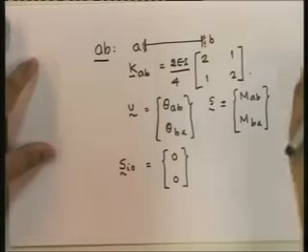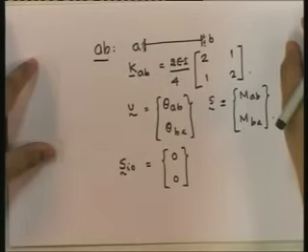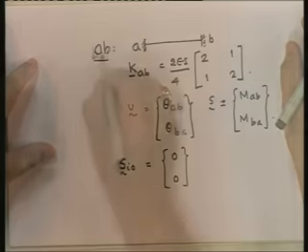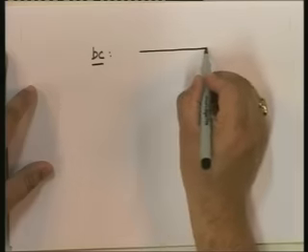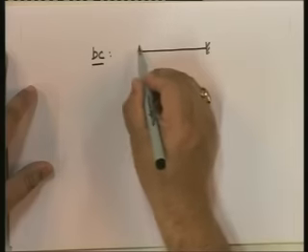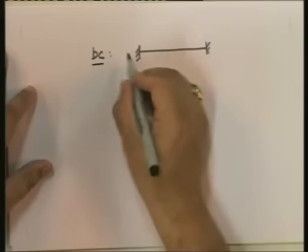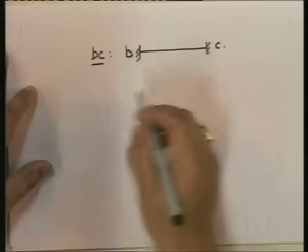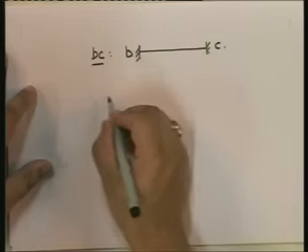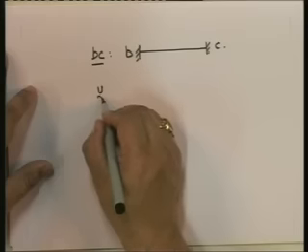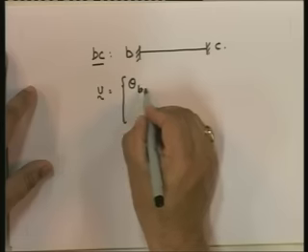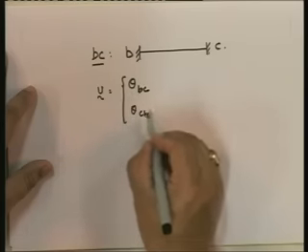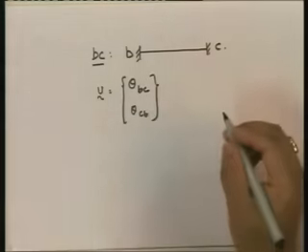So this is member AB, and similarly member BC is continuous over both B and C, and therefore V is equal to theta BC, theta CB.